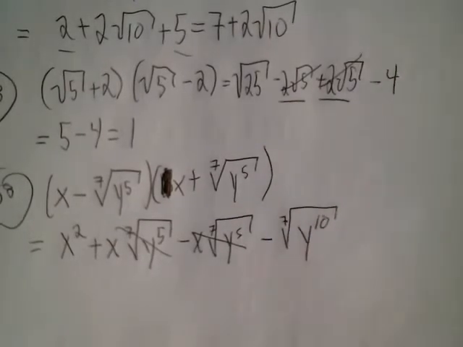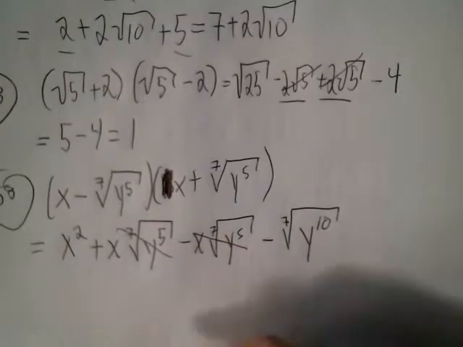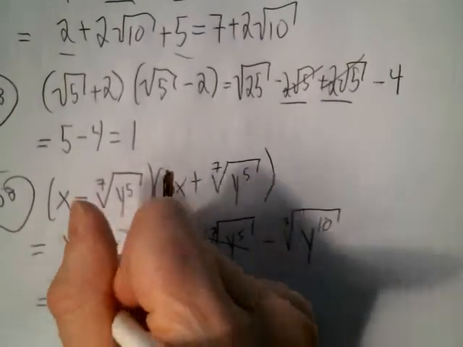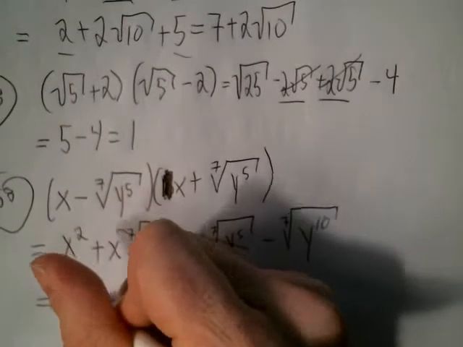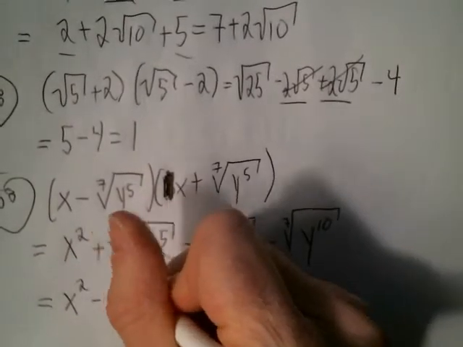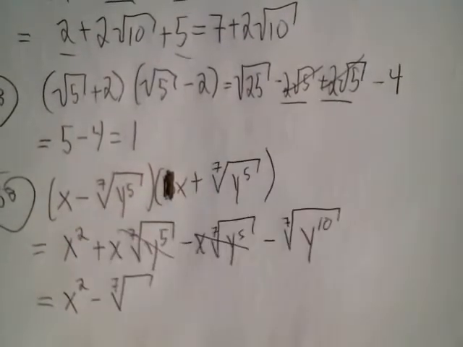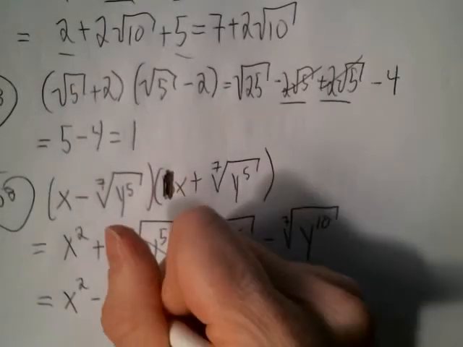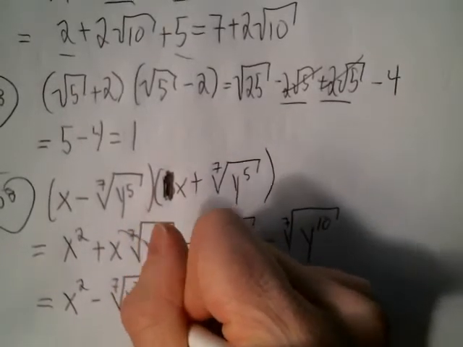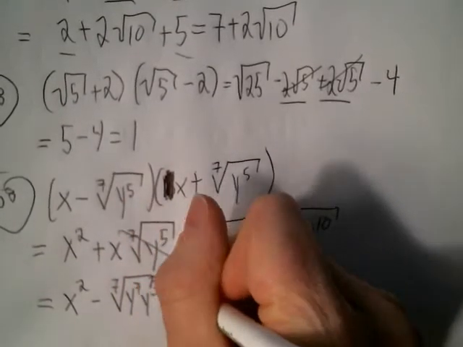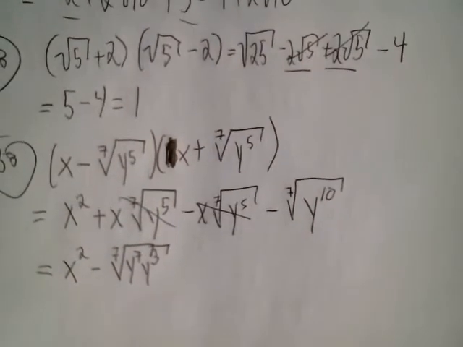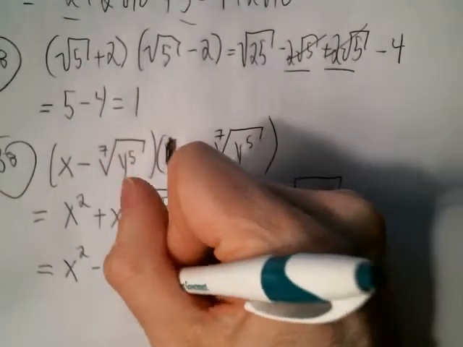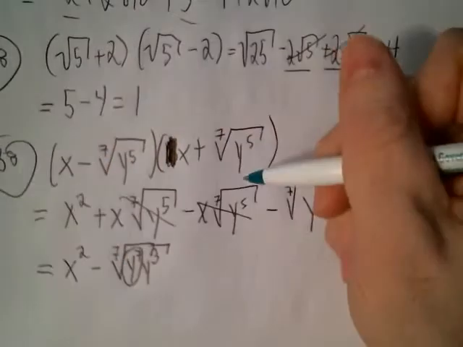Yeah, and then the root isn't going to go away in this case. I mean, you could factor out some of the perfect sevenths. So this would be the 7th root of y to the 7 times y to the 3. Right? And then we could kind of march this guy out because it's a perfect 7th.